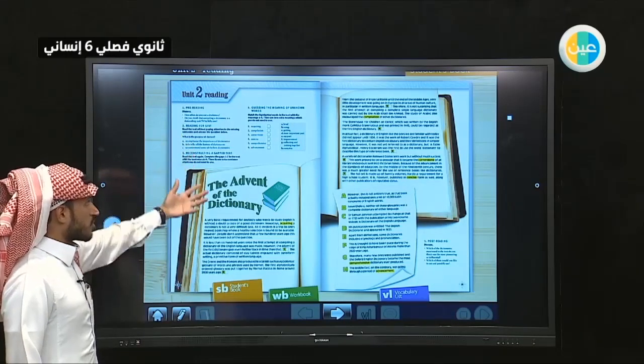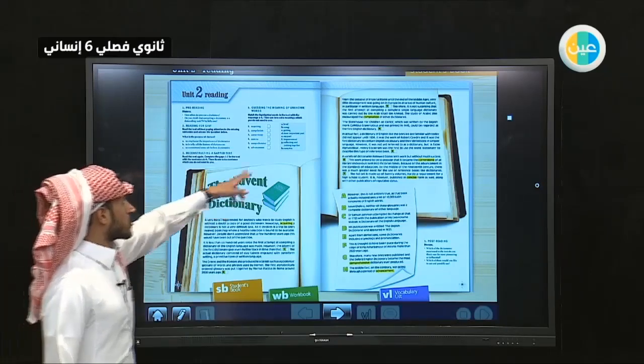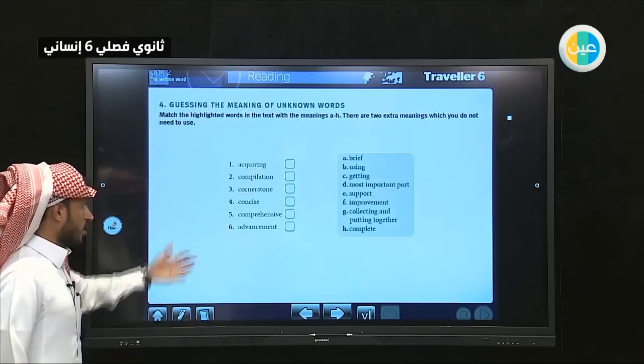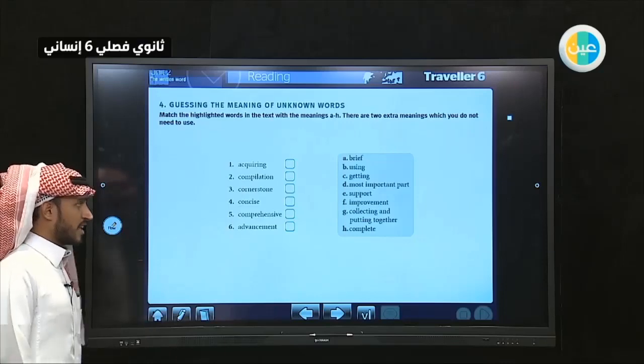discussing the pre-reading questions. Then we learned some words like acquiring, compilation, cornerstone, concise, comprehensive, and advancement.